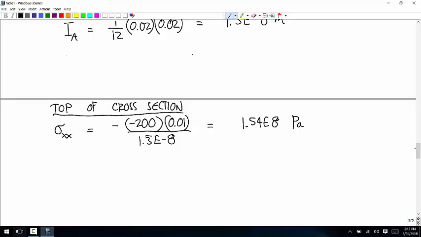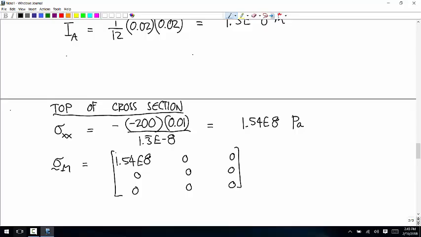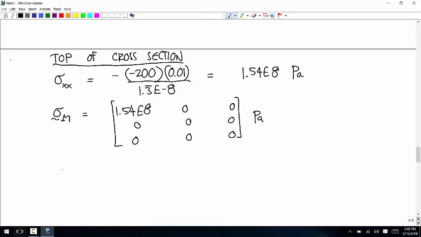And so the stress tensor due to the bending moment is 1.54 times 10 to the 8th, zeros everywhere else. And so at the top of the cross section, the total stress tensor is the one for tension plus the one for bending moment.